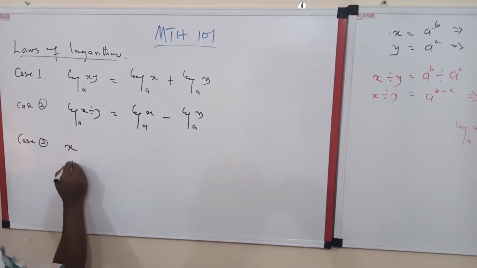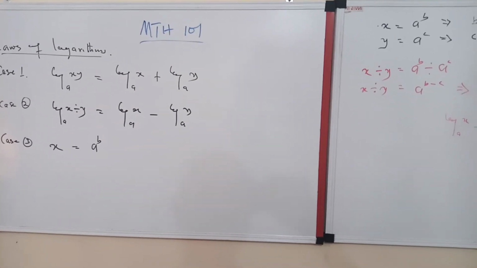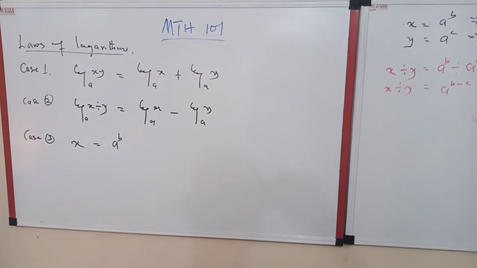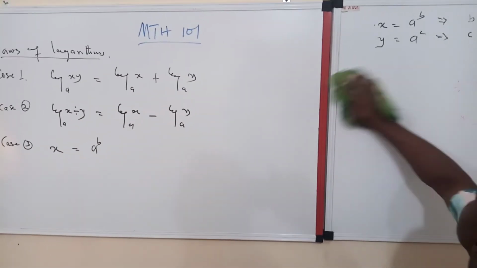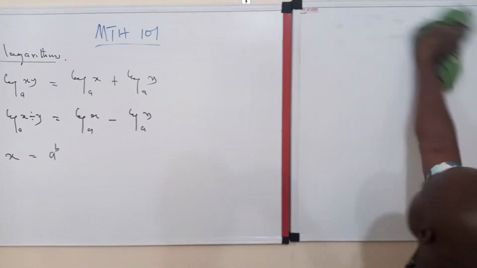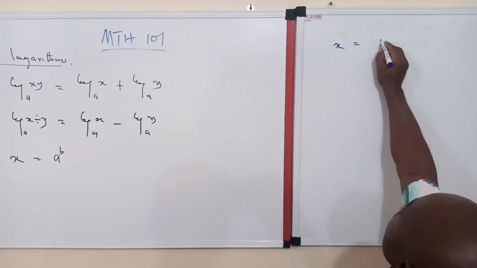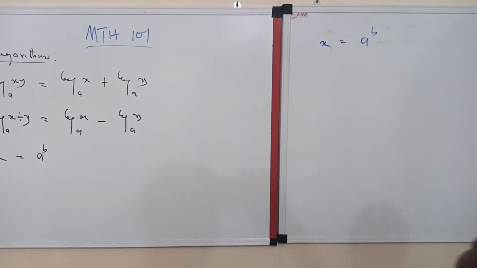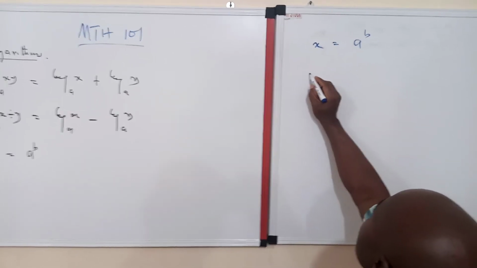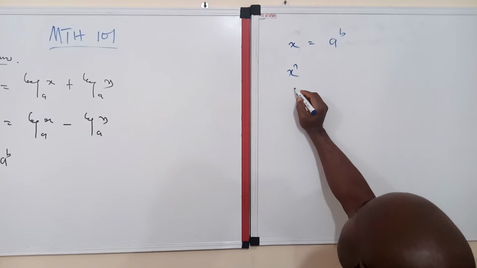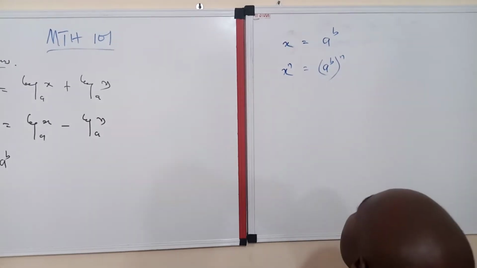If we have x equal to a raised to power b, then if we choose to multiply the powers by another number, say n, that is x to the n, then we are going to have a to the b, all to the n.